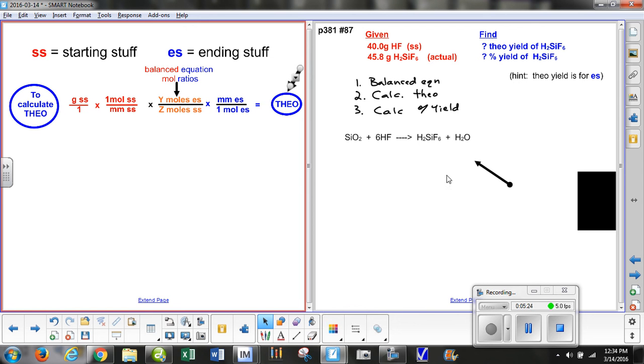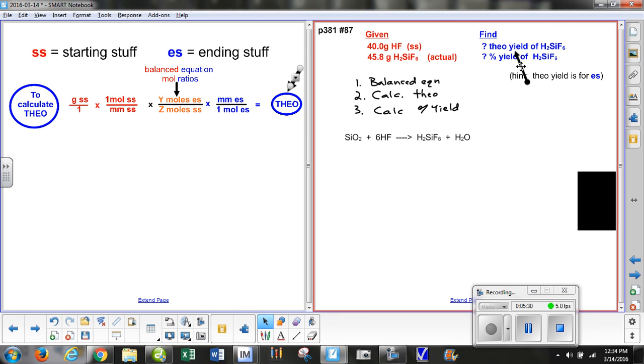And so let's hold on just a minute. So we have whatever is the theoretical yield that we just calculated on the bottom of the fraction, and the amount that is given right here on the top of our fraction, and that will be our percent yield calculation.